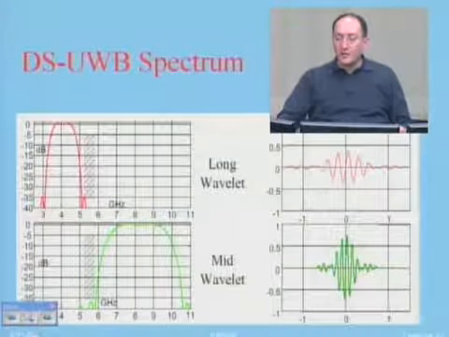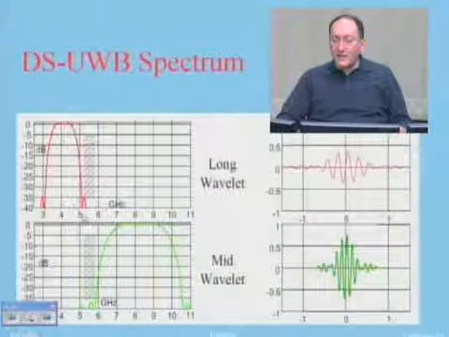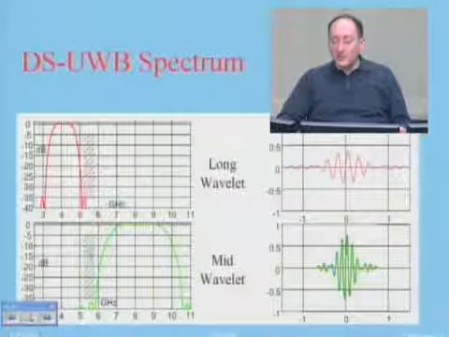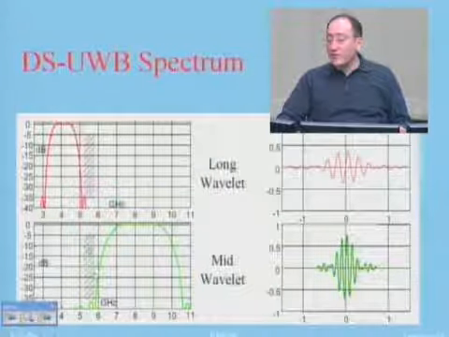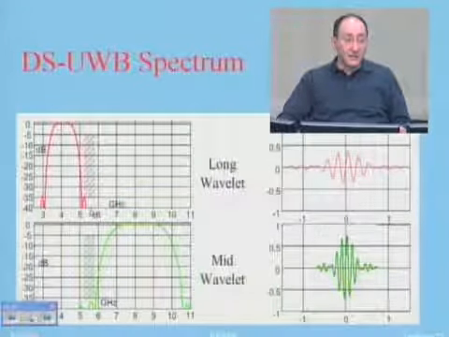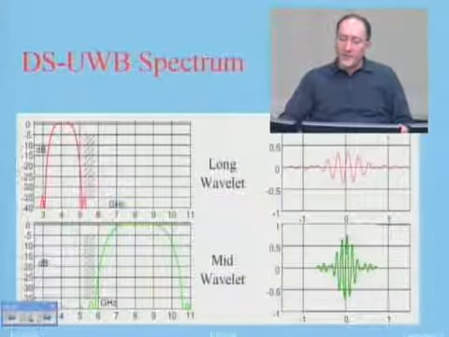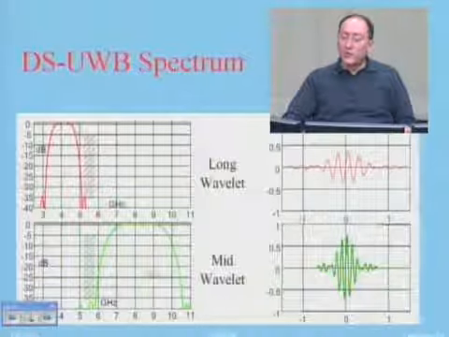Now, number one, why did they neglect this 5 to 6 gigahertz? They don't put anything in 5 to 6. They shade that because this is the place that 802.11a is running.